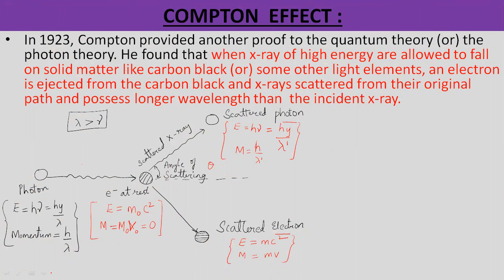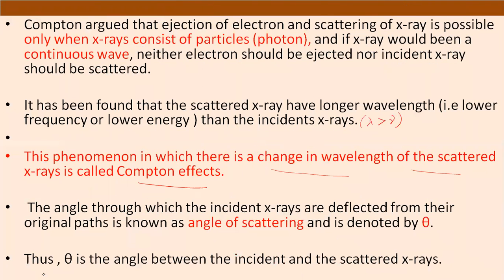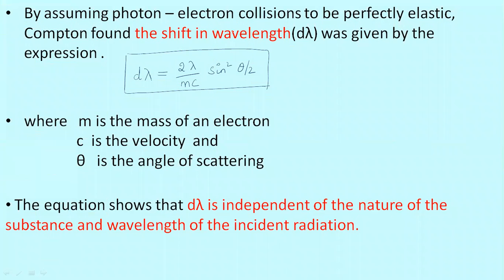So by assuming photon-electron collisions to be perfectly elastic, Compton found the shift in the wavelength, which is given by the expression d lambda is equal to 2 lambda by mc sine square theta by 2, right? This equation is called the Compton effect equation, which is very, very important.